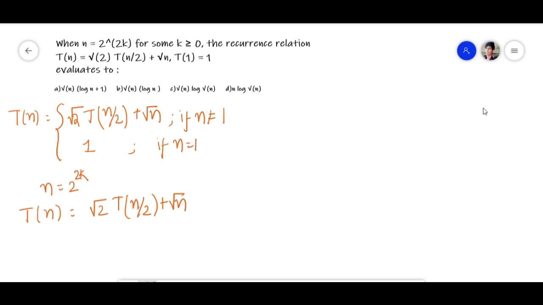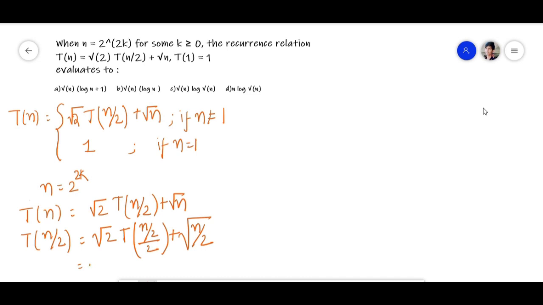In order to find the value of T of n by 2, we substitute n by 2 in place of n in the original recurrence equation. So the value of T of n by 2 equals root 2 times T of n by 2 by 2 plus root of n by 2.